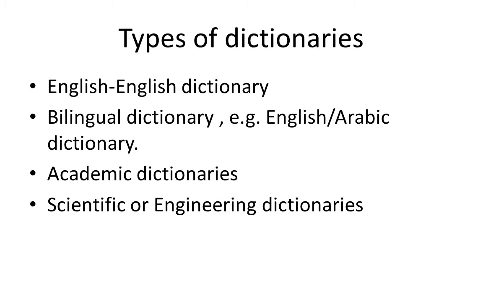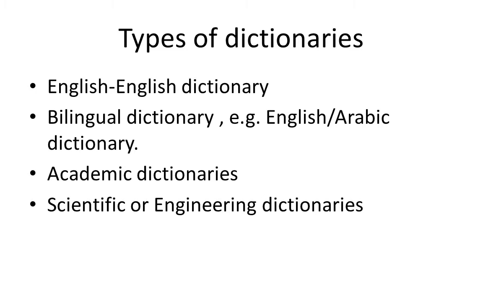Synonyms are the meaning of an English word in the same language, in English. Also, there is another type of dictionary, which is the bilingual dictionary, which most Arab people use, such as the English-Arabic dictionary.